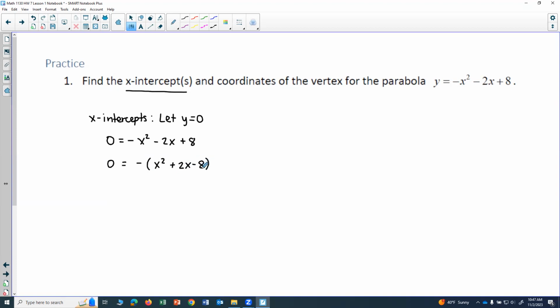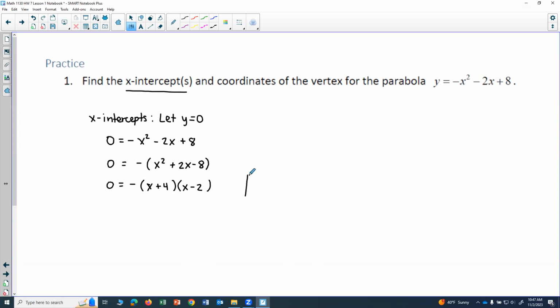And I want two numbers that multiply to be negative 8, but add to be a positive 2. So if I do x plus 4 and x minus 2, that should give me x squared plus 2x minus 8.